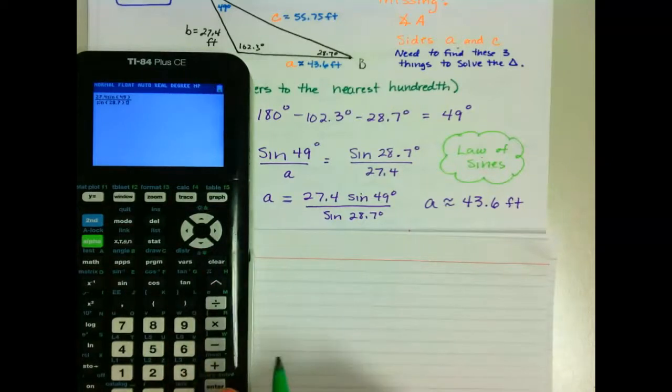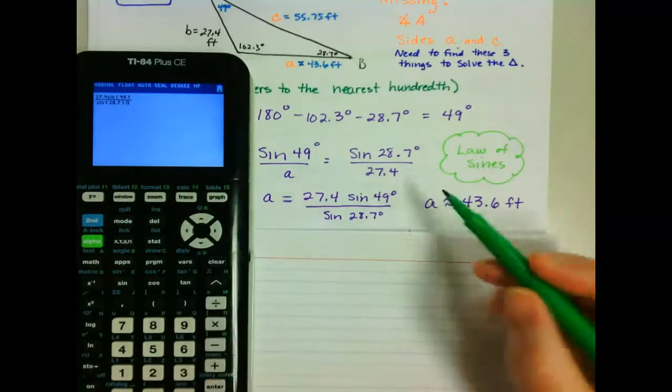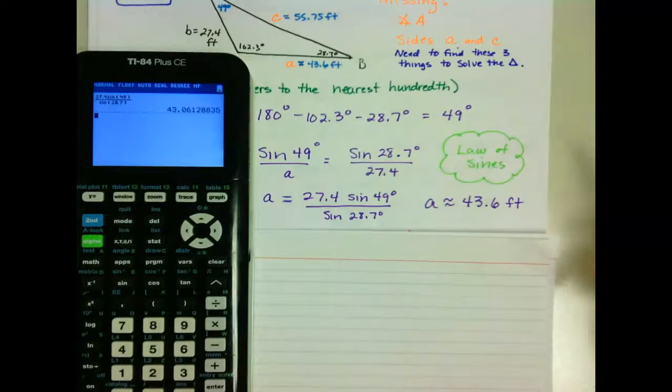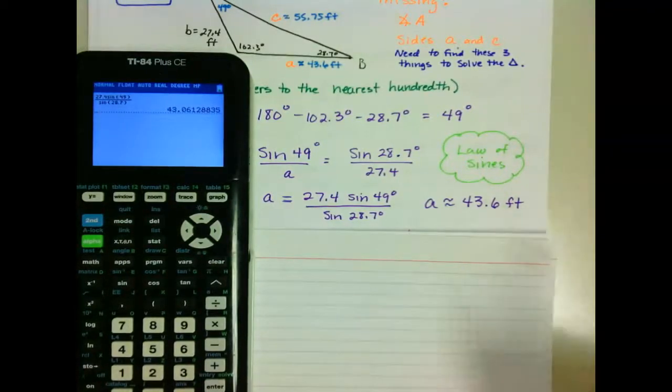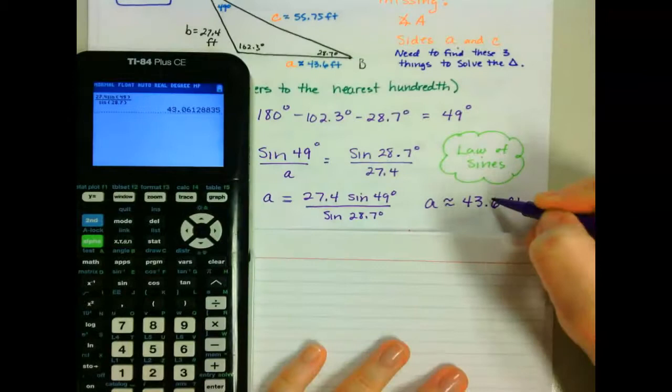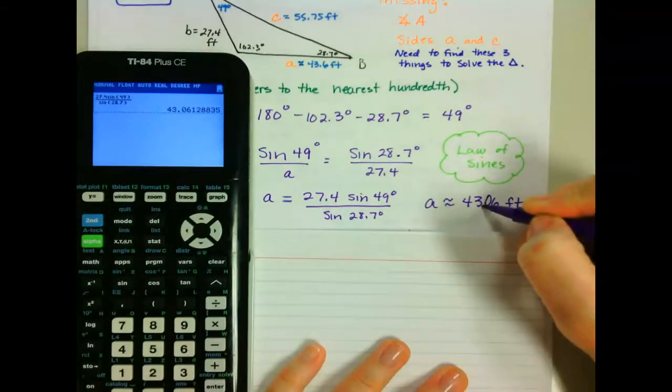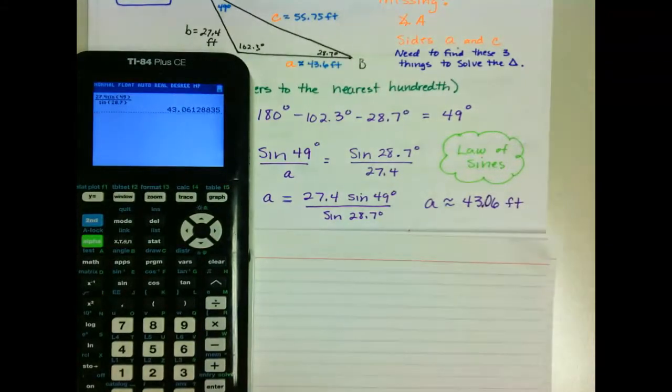We're putting that in one step, as you can see on my paper. When I execute it, it tells me it's 43.06. Remember we said we were going to the hundredths, and remember to put our units on there.